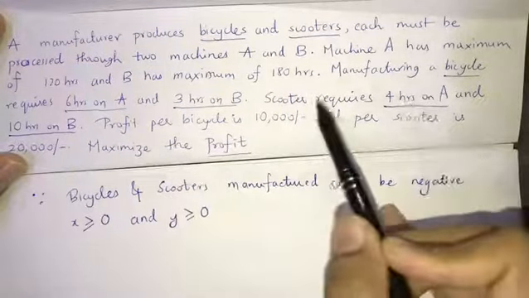Okay, similarly, one bicycle needs 3 hours on B, so 3x on B, and for scooters it is 10y on B. 3x plus 10y cannot exceed 180. Okay, so those were the constraints we discussed here.